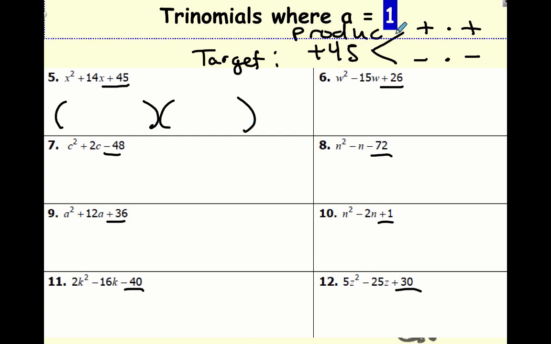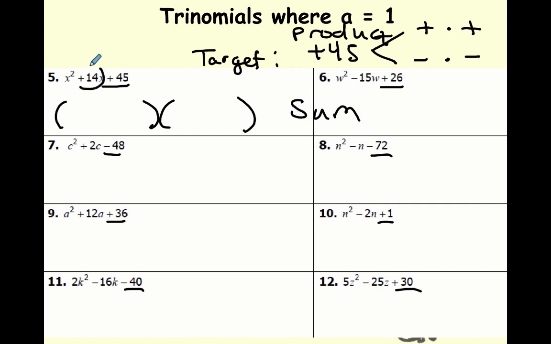I'm also going to be looking for something called my target sum. My target sum is always going to be the b term when a is equal to 1. So I want my target sum to be positive 14. So I need two numbers that add up to positive 14, and they have to multiply to make 45.